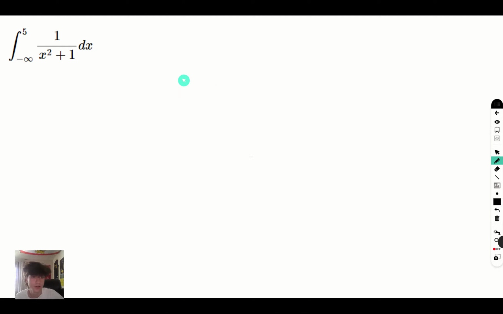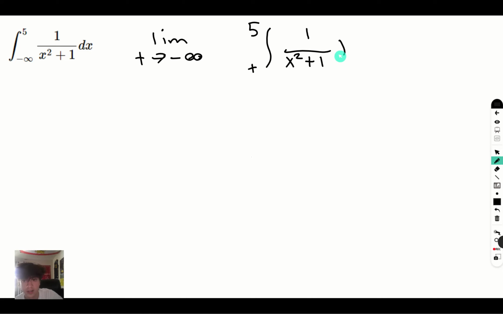Alright, so we're going to do the same thing here, except the t is going to be going to negative infinity. We're going to have the integral from t to 5 of 1 over x squared plus 1 dx.